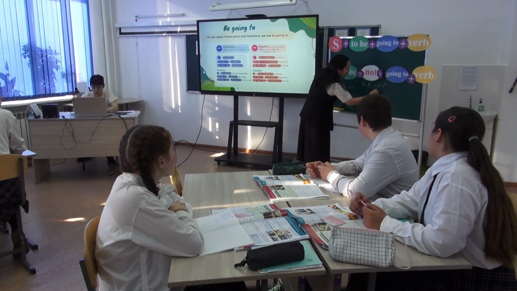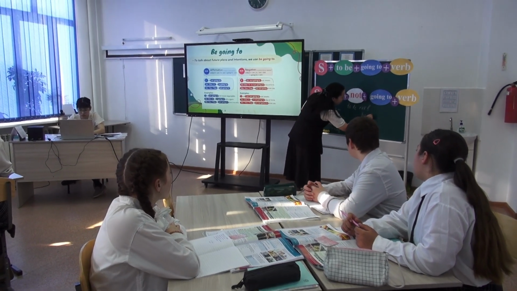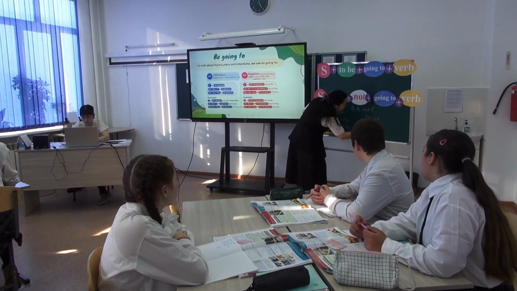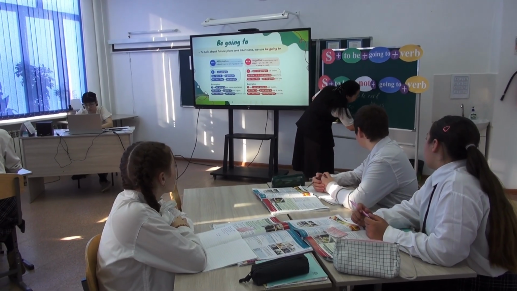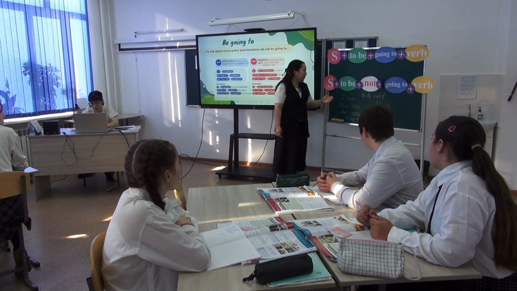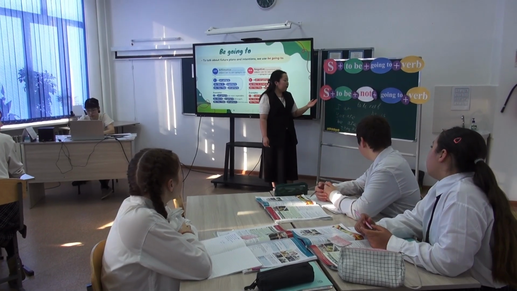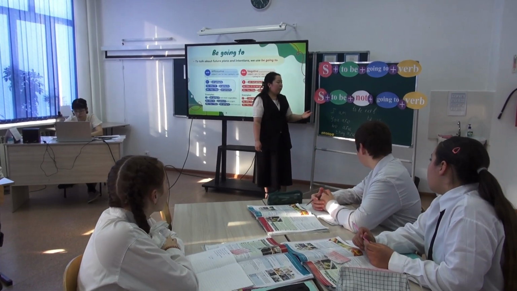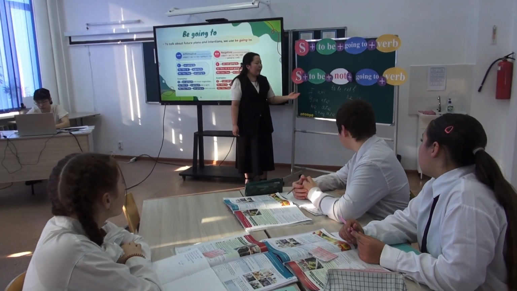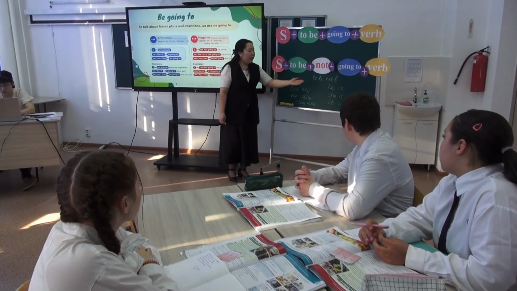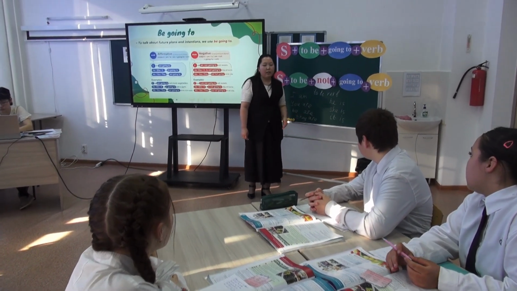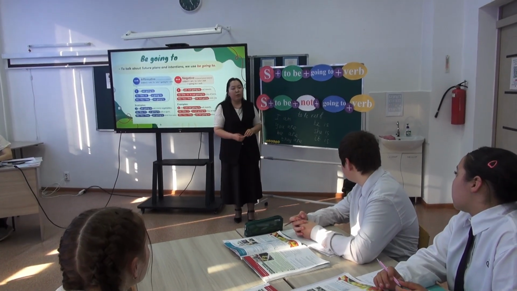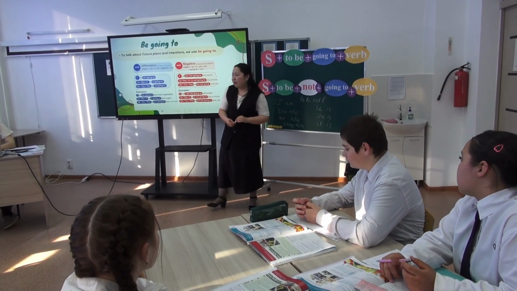Next, the third form, he is, she is, it is. Repeat after me. I am, you are, we are, they are, he is, she is, it is. It is the to be verb. Do you understand? Yes. Okay.